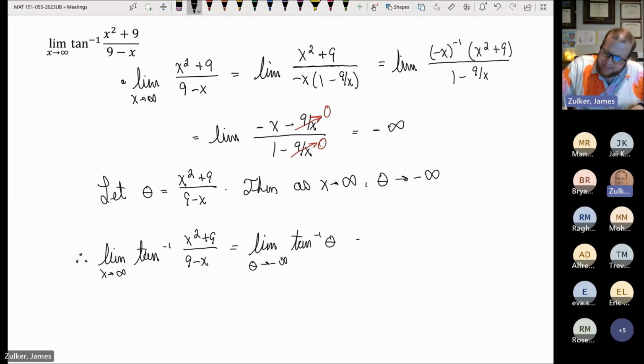So now we just look at it and we go, what is this limit? Actually, oh, no, that's right. Okay, it's the inverse tangent. So remember the range of the inverse tangent, minus pi over 2 to pi over 2. Think of tangent within that range.